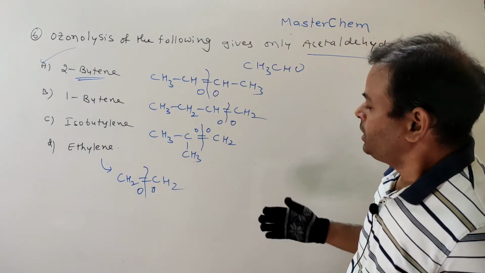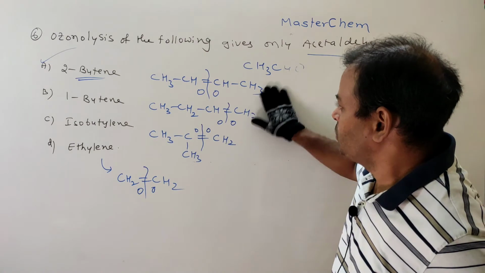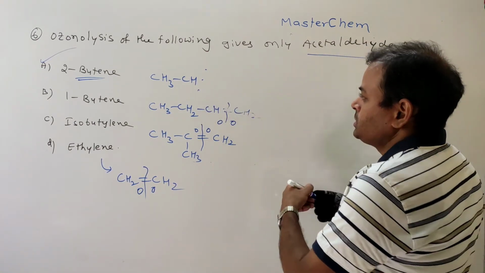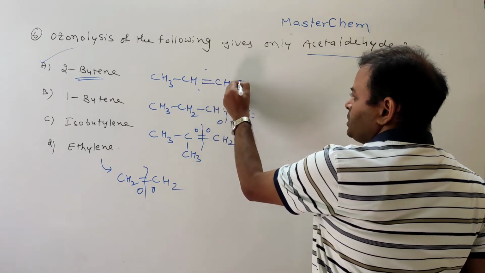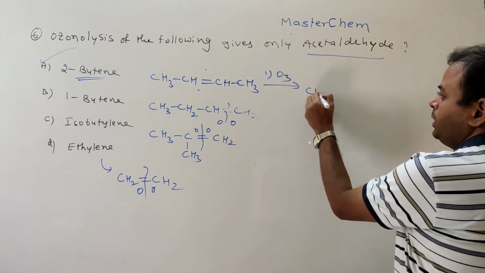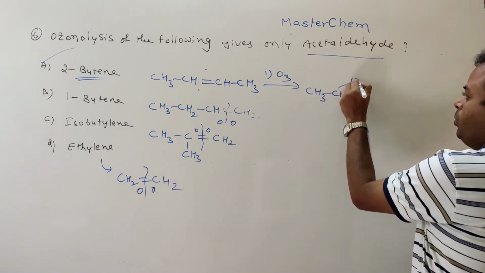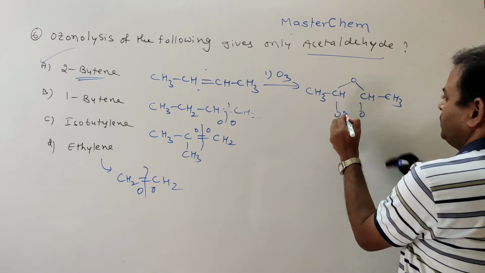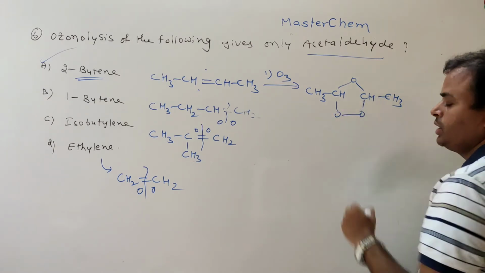Okay, so with the reaction also you can explain this, how to write this ozonolysis reaction. So that is CH3CH=CHCH3. So first O3, with O3, ozonide is formed.